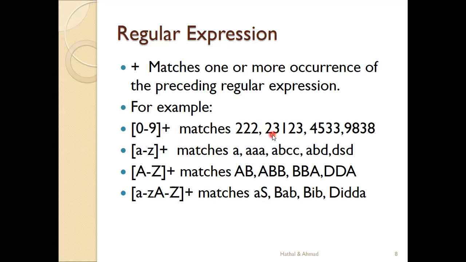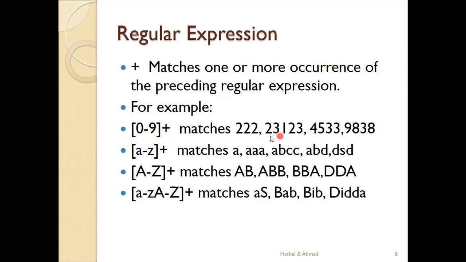Similarly, we can see another example. Say the 2 is selected from this character class. Since there is a plus, we can select one more digit from the character class. What we have selected is 3. In the same way, since there is a plus, it allows you to select one more digit from the character class. Now what I selected is 1.